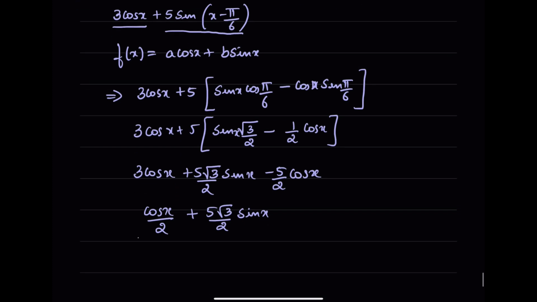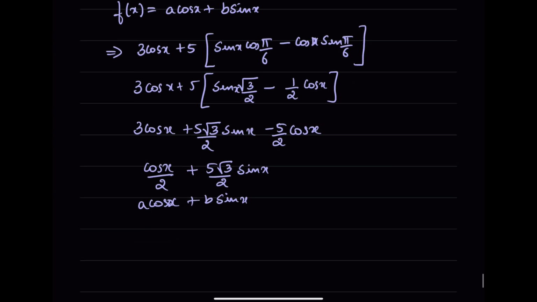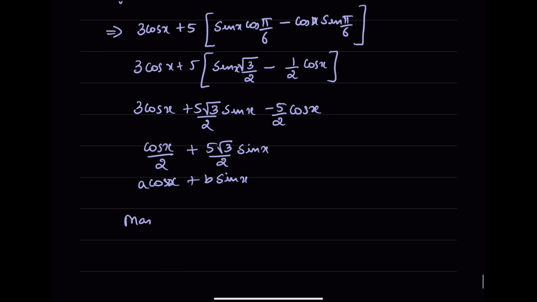Now this is of the format a cos x plus b sin x. So a is 1 by 2 and b is 5 times square root of 3 by 2. So max value would be equal to square root of 1 by 2 square plus 5 square root of 3 by 2 square.